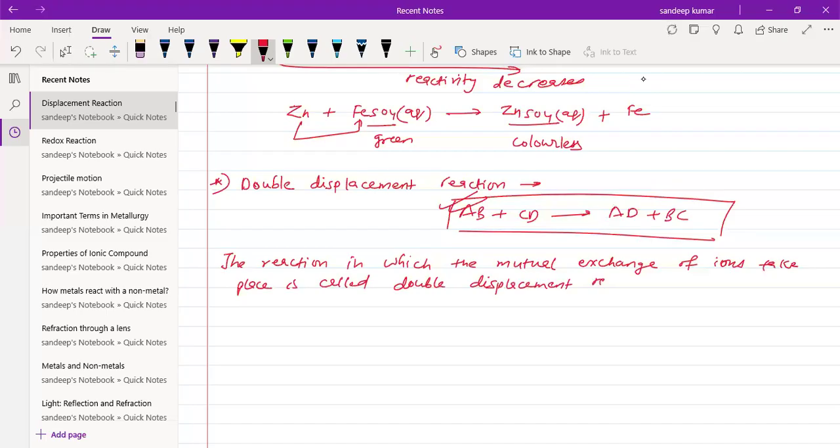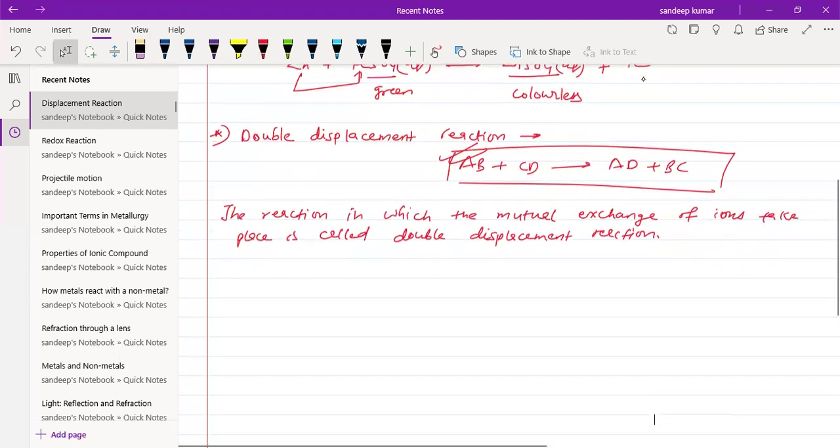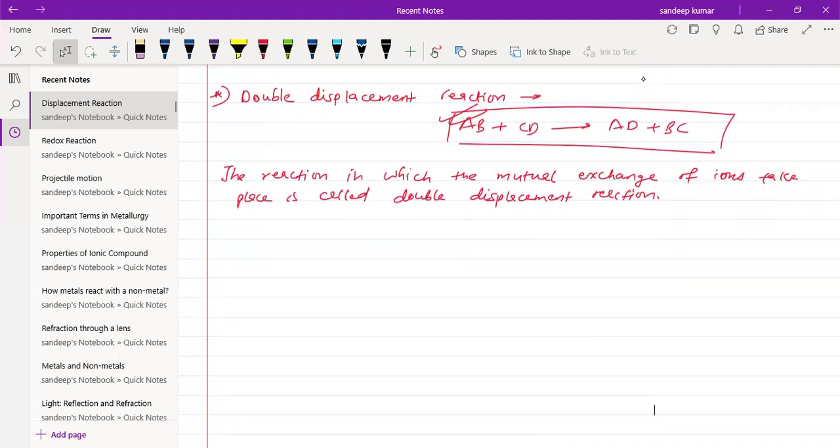Generally, children, double displacement reactions are of two types. First one is neutralization reaction. Next is precipitation reaction. There are two types.